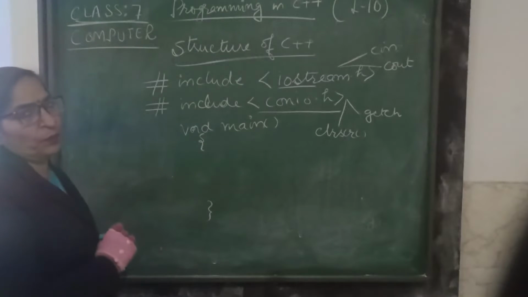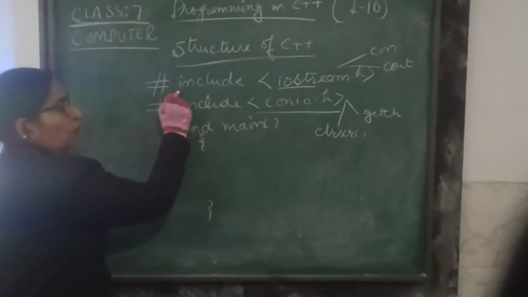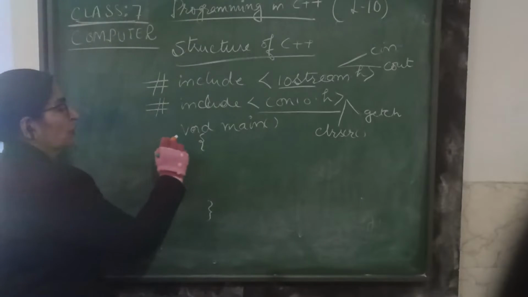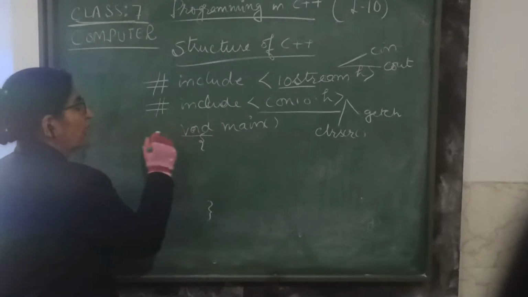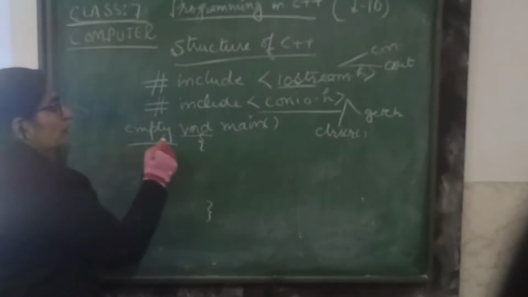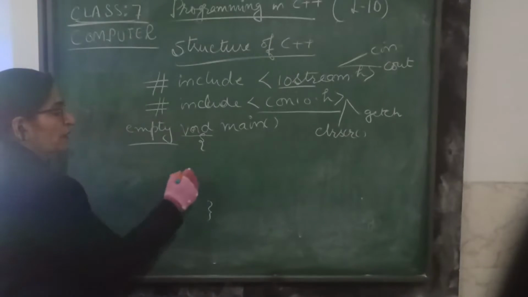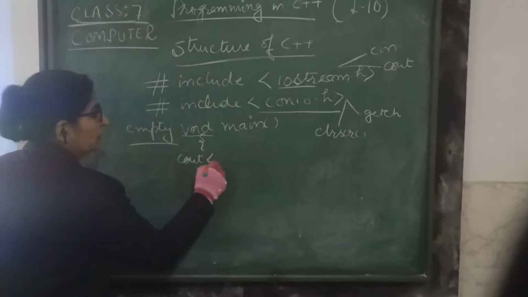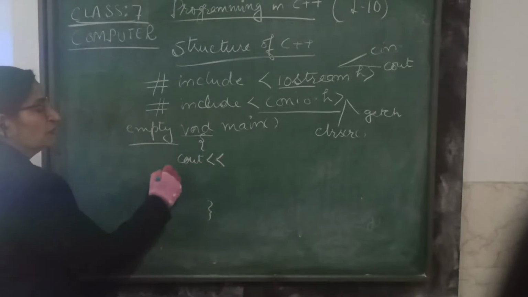Let us take one simple program. Here I am writing include iostream.h, include conio.h, void main. Void means empty. Okay. Curly bracket starts. Here we write a simple program. For example, I want to make a program in C++. I will write a message here.